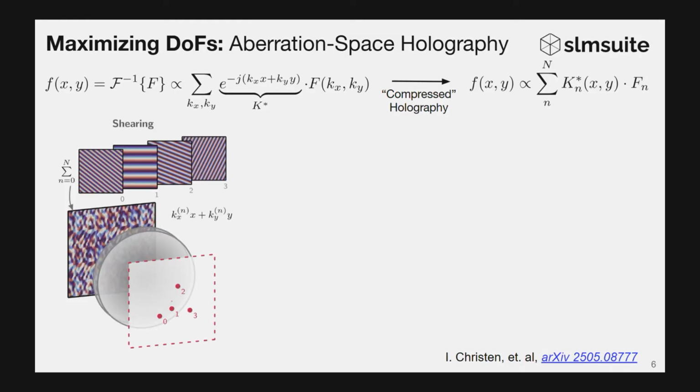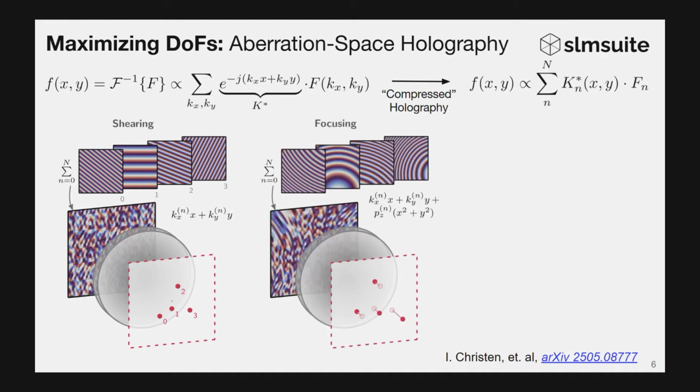We recently published on this, and you can show that this K is a kernel. The kernel for the Fourier transform is just a linear shearing operator. It's what produces diffraction gratings that are summed up to steer points in different directions. We can generalize that, though. Specifically, we can go from Fourier holography to Fresnel holography by adding quadratic phase patterns to defocus the points.